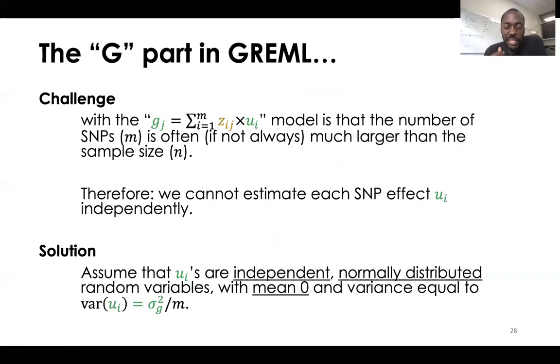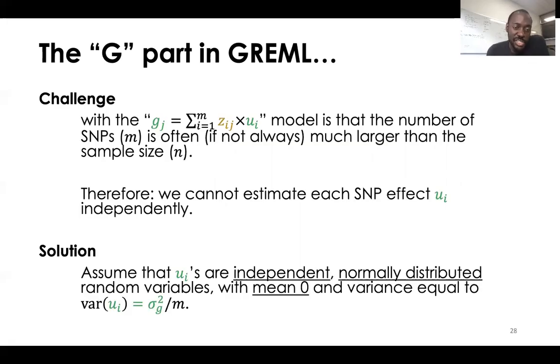The problem is that although it looks like a multivariate regression model, it is a very nasty one, because most of the time the number of SNPs M is much larger than the sample size. This leads to regression models that are underdetermined, meaning we don't have enough information to estimate the contribution of each SNP. So that's the challenge.